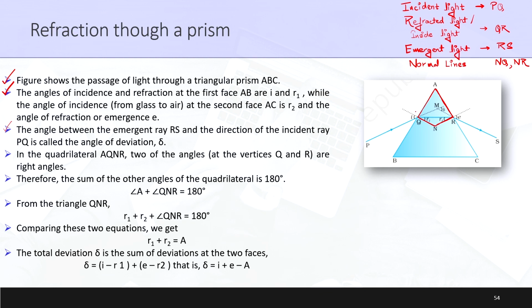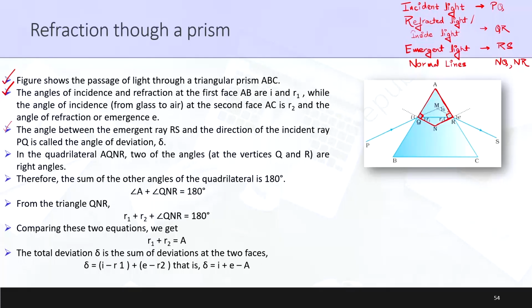Quite evident, as you can see, these are the normals drawn, hence this is equal to 90 degrees, and similarly this is equal to 90 degrees. From basic geometry, we know that the sum of the interior angles of a quadrilateral is 360 degrees. Therefore, as both angles are 90 degrees, the sum of angle QAR and angle QNR will be 180 degrees. Hence, angle A and angle QNR sum to 180 degrees.